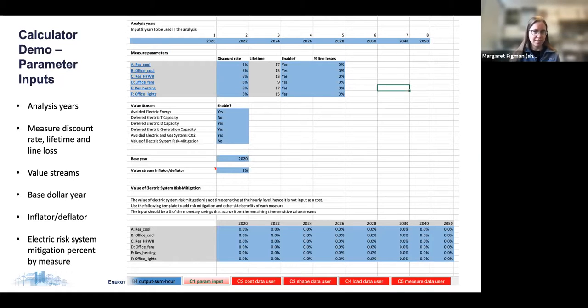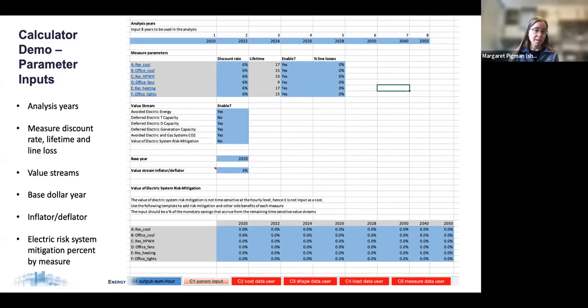The next block of inputs are the 6 measures and any discount rate or line losses, and then whether or not each measure should be included in this particular analysis. Then the next block shows the 6 value streams and whether or not to enable them. And that the enabling of the value streams applies to all of the measures.